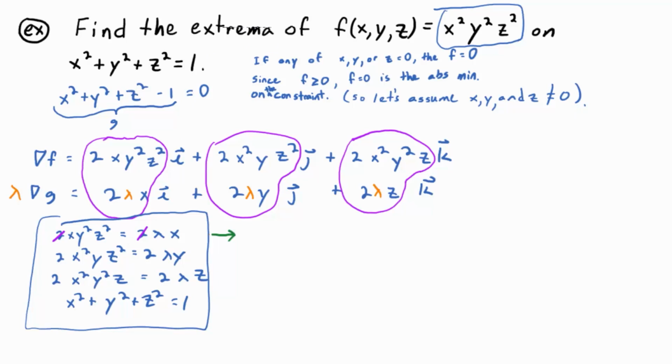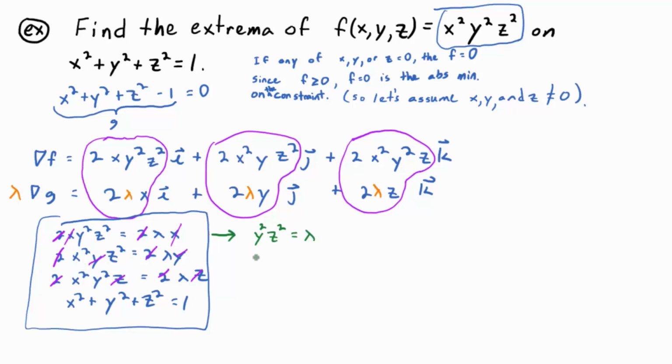So for this first equation, not only can we divide out the 2's, but we can divide out the x's, right? And the second equation, divide out the 2's and the y's. And the third equation, divide out the 2's and the z's. And then, I think it's getting a little busy, so let's write out what we have. y squared z squared equals lambda.